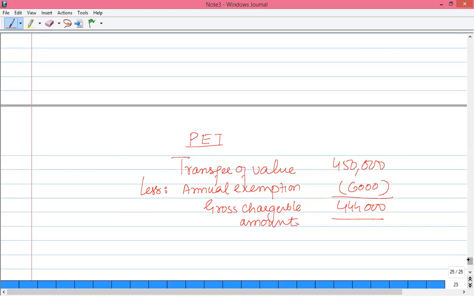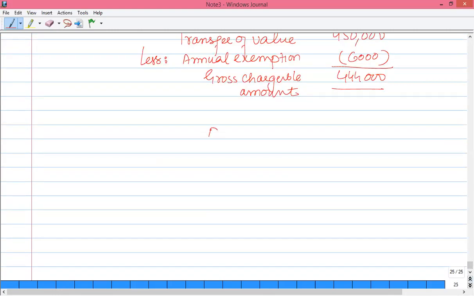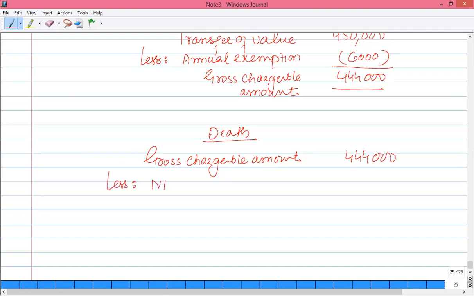Now, let's work it out. On death, we have the gross chargeable amount of the PET, and that is 4,44,000. From this value, we have to deduct the NRB at the time of death. Let's assume that the NRB at the time of death is 3,25,000.